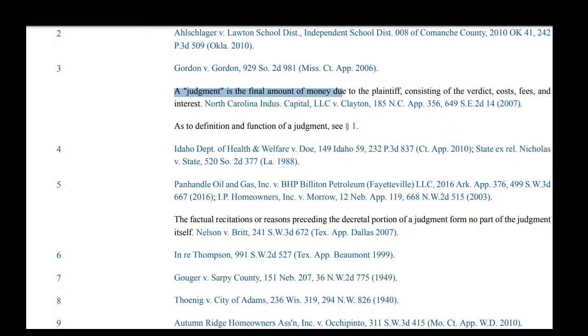A judgment is the final amount of money due to the plaintiff, consisting of the verdict, the costs of the litigation, the fees for the litigation, and interest. Wow, that's a 2007 case.